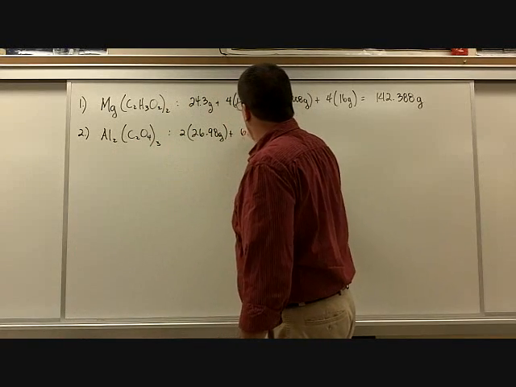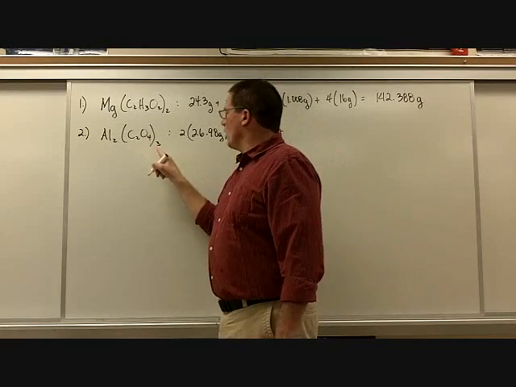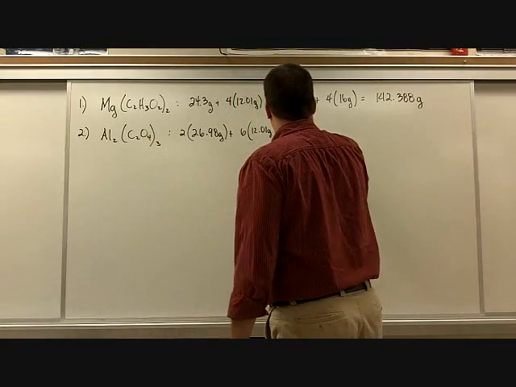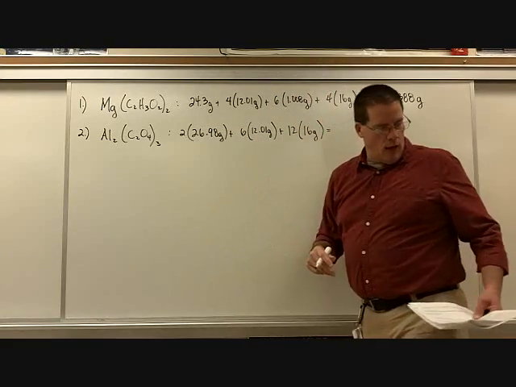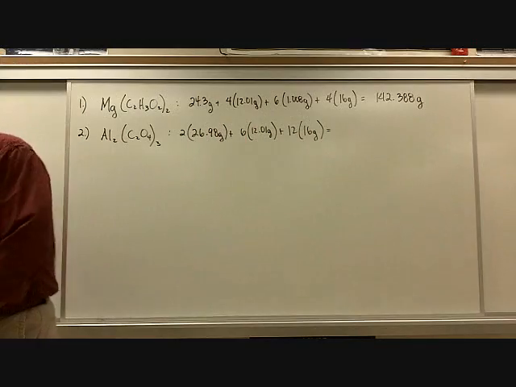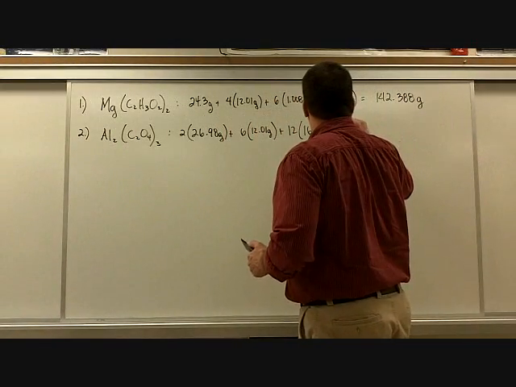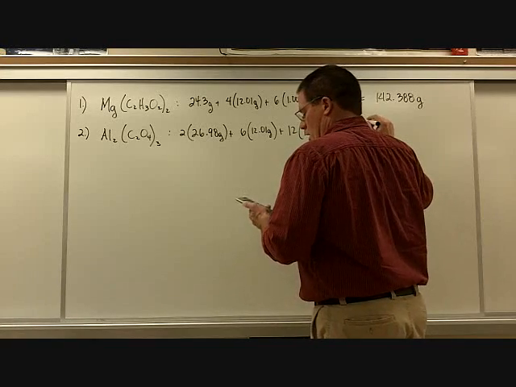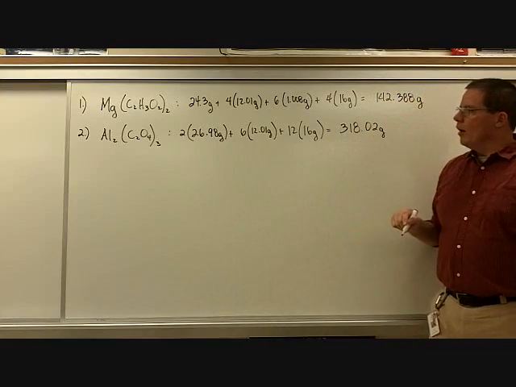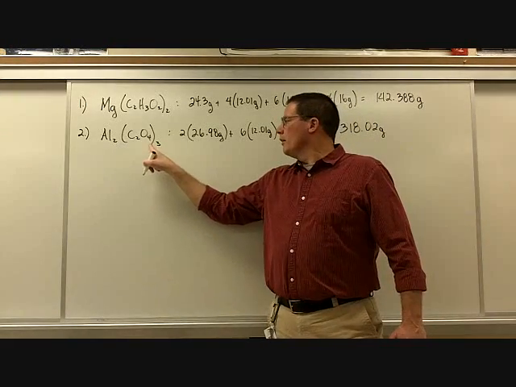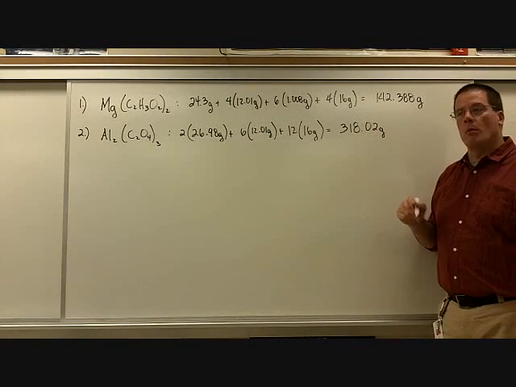Good, we have 6 of those. And how many oxygen? 12? Good, good. And so again, just add all those up. And you should get around 318.02. So again, for 1 mole of aluminum oxalate, it will have a molar mass of 318.02 grams per mole.